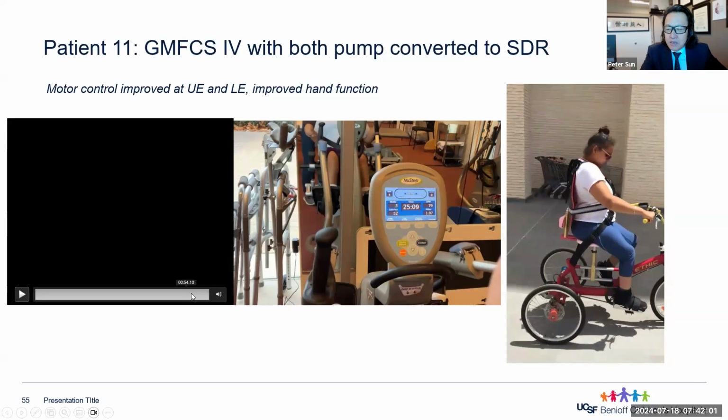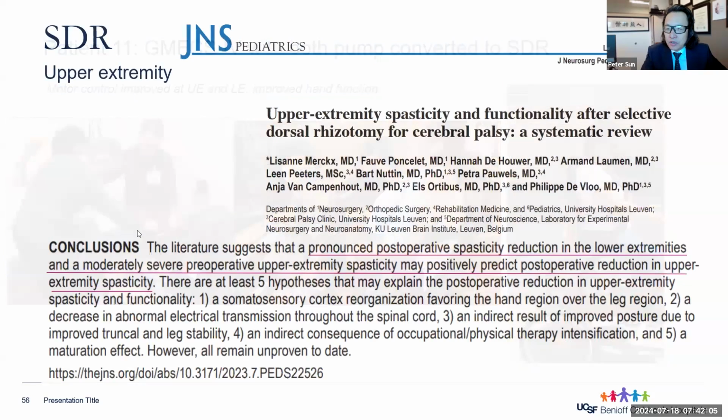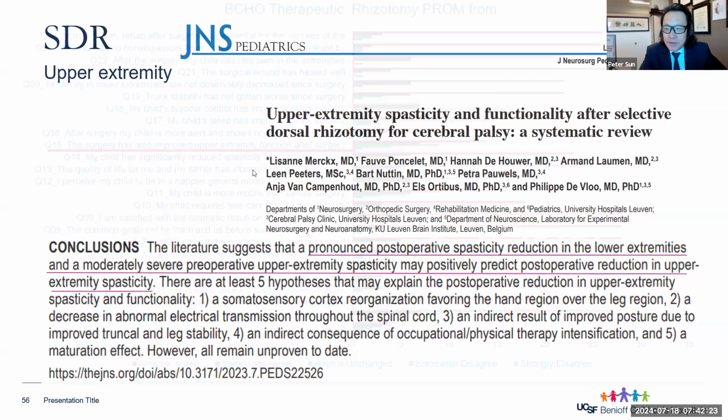So more and more we're seeing in the literature that upper extremity spasticity and function improve after lumbar selective dorsal rhizotomy. We have hypotheses to explain why that might be the case, but we don't know for sure. But clinically, we definitely are seeing that, as illustrated by the last patient.